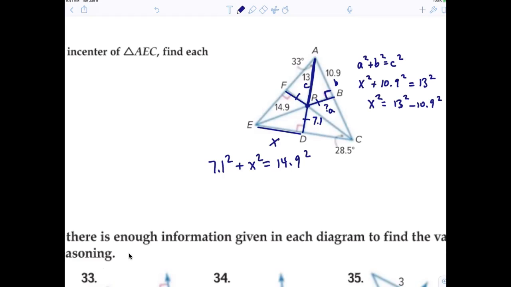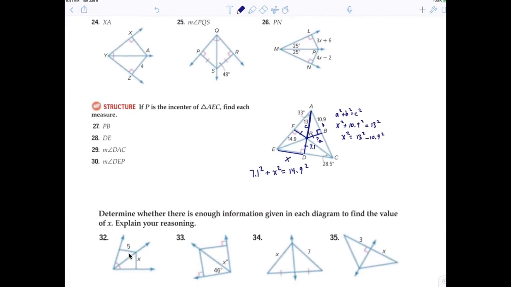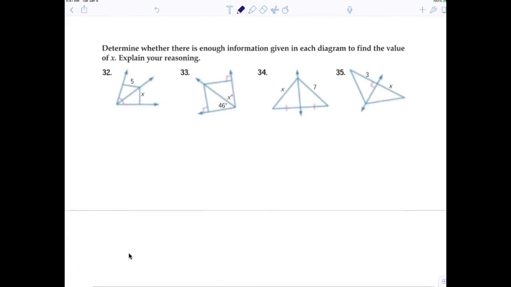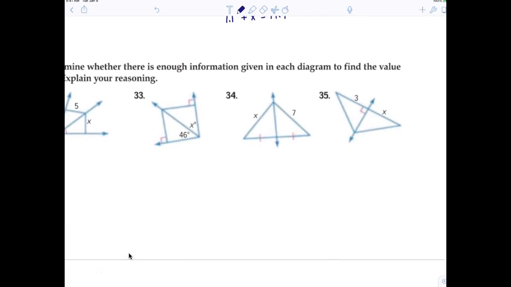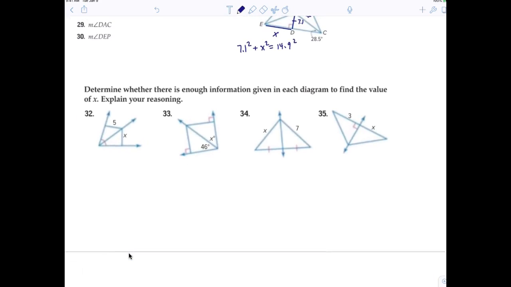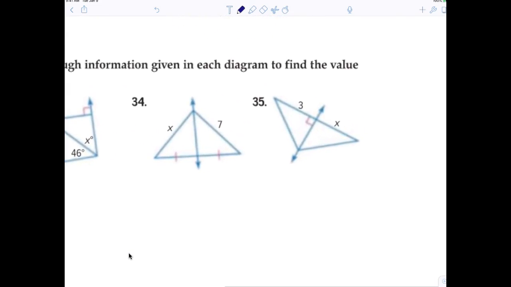All right. What was next, Charlotte? 35. Determine whether there's enough information given the diagram to find the value of x. It said no. But I think yes, because... Okay, let me show you why right now. Ready? Look up. Is that perpendicular?